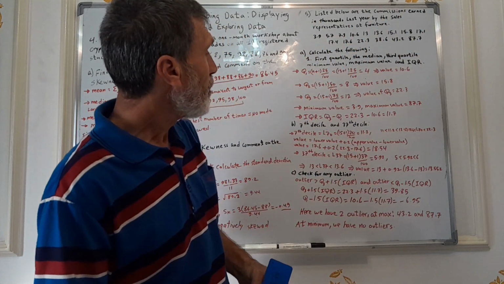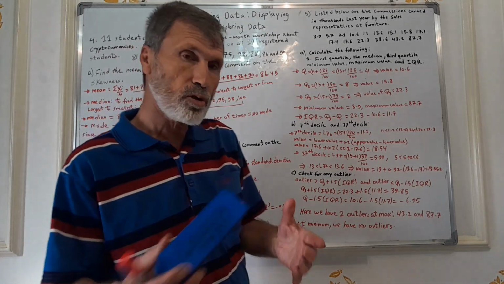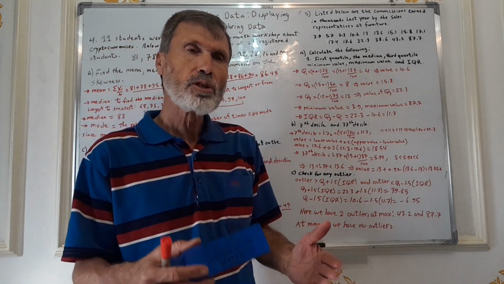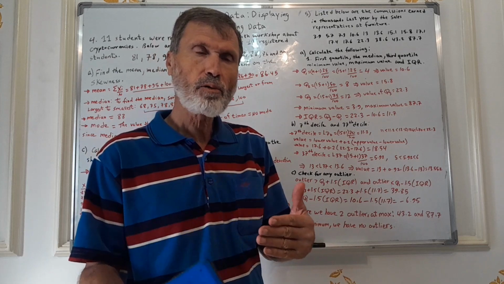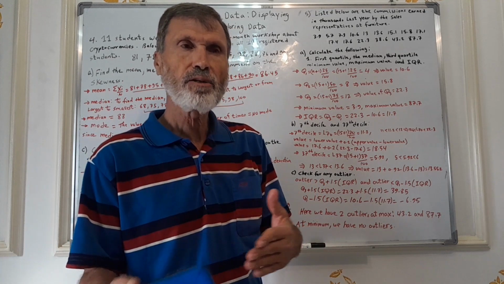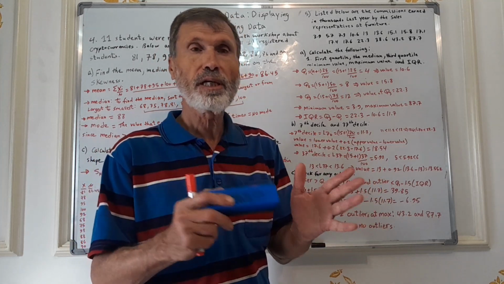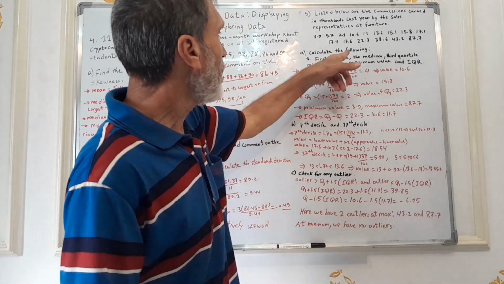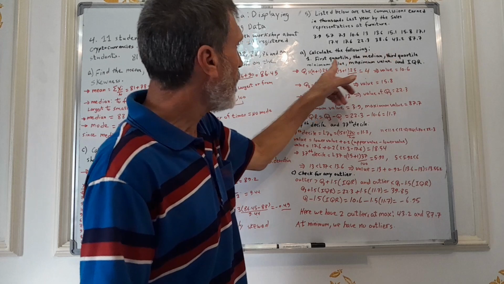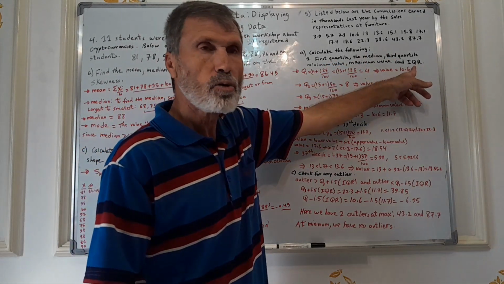As you can see, the values here are sorted from smallest to largest, so there is no need to sort them when you calculate any quartile or decile value, because they are already arranged. Now calculate the following: first quartile, the median, third quartile, minimum value, maximum value, and interquartile range.